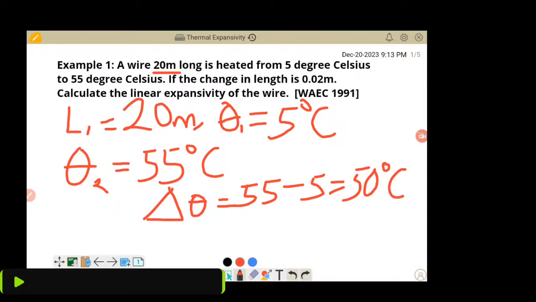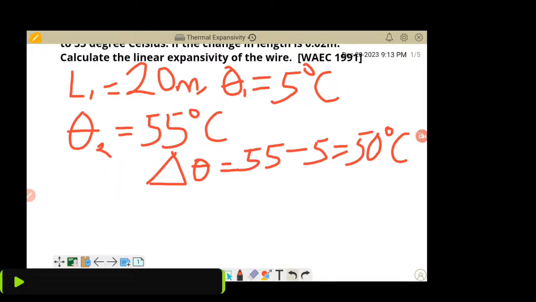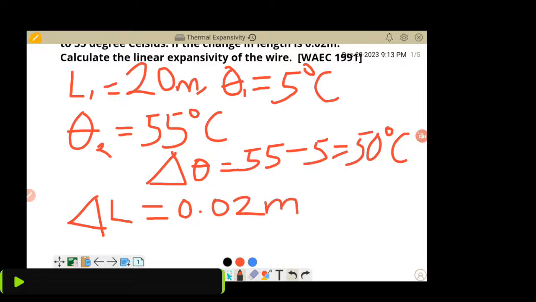And if the change in length is 0.02, what is our change in length? The symbol for that, delta L, equals 0.02 meter. We are asked to find the linear expansivity.